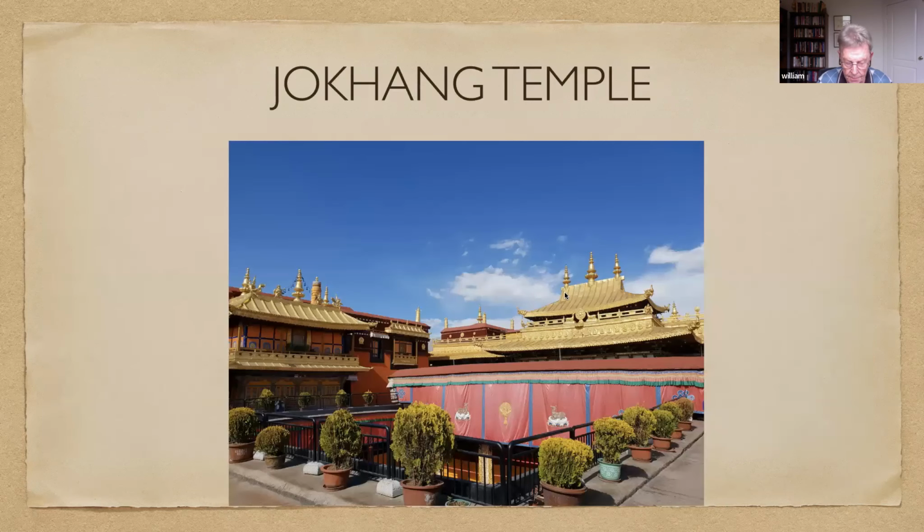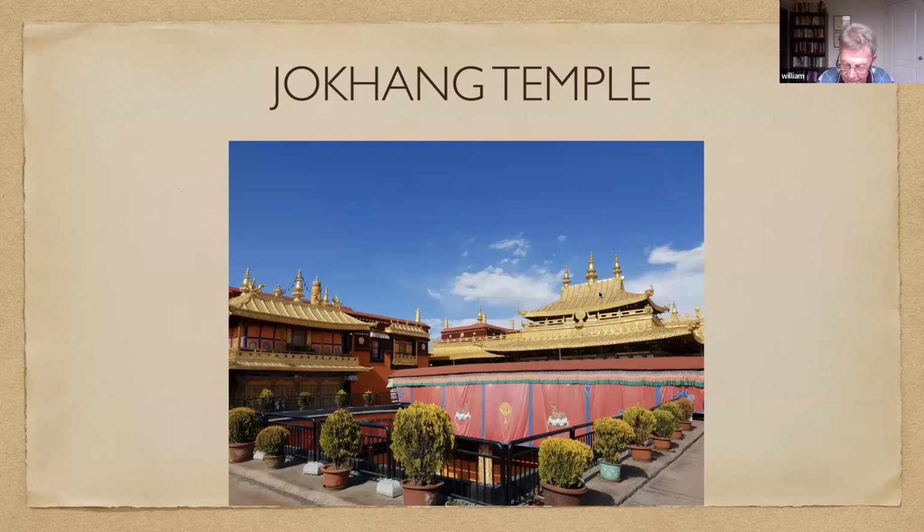The Jokhang Temple and Monastery is considered the spiritual heart of Lhasa and the most sacred monastery in Tibet. It's located about 1,000 yards southeast of the palace. It's the oldest temple in Lhasa, with a history of more than 1,300 years.